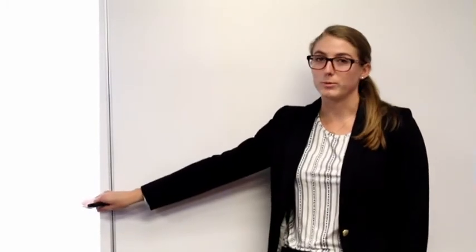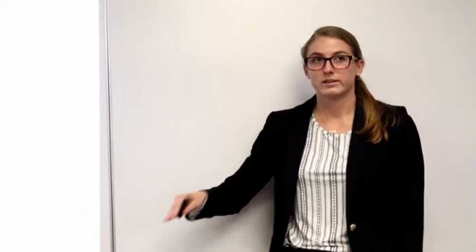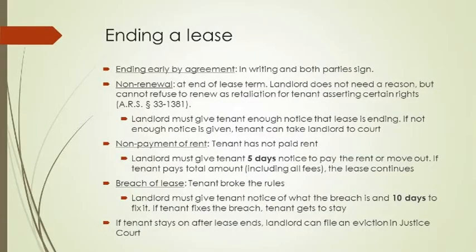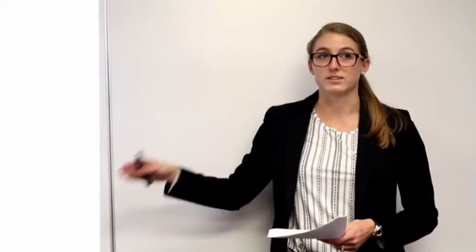If the same problem happens a second time, the landlord has to give the tenant another 10-day notice, but this time the tenant does not get a chance to fix it. Landlords have some discretion there if they decide they want to be generous with the tenant and give them another chance. That's an option they have, but they are not required to the second time.